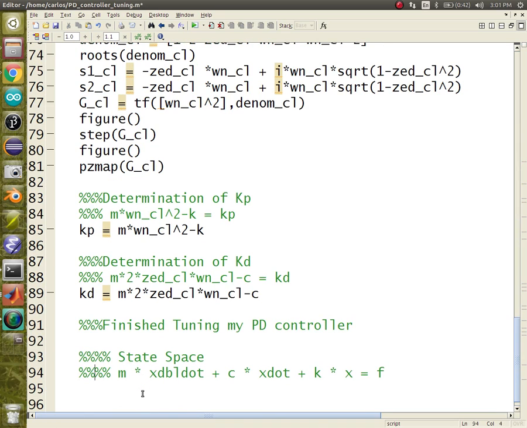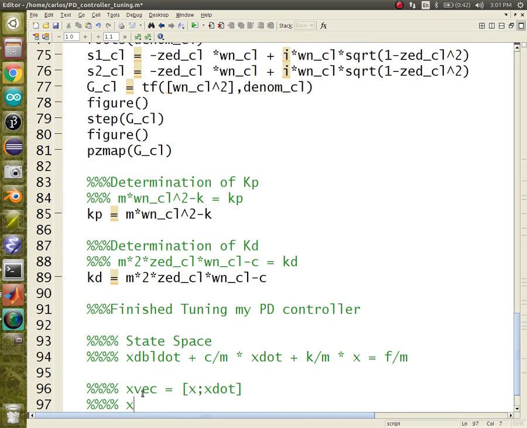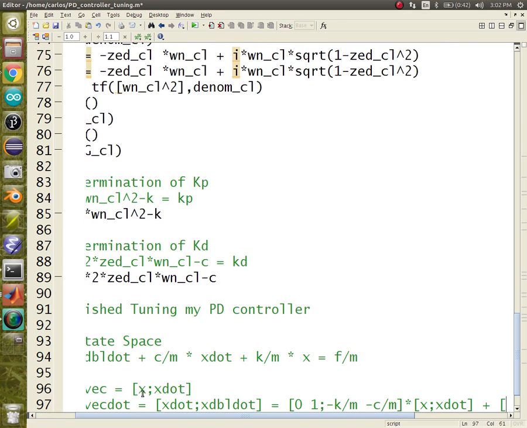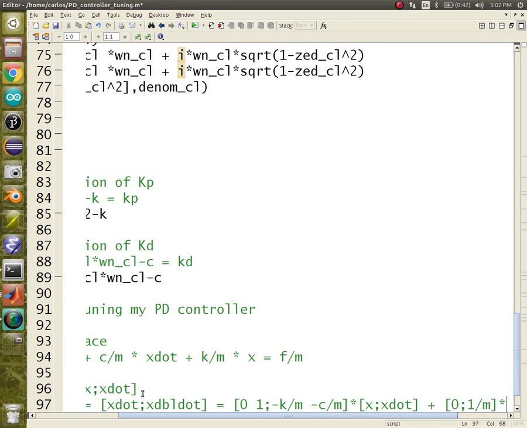The first thing we have to do is divide everything by m. Then we say that x vec is x and x dot, which means x vec dot is x dot and x double dot. That's going to be an A matrix, which is 0, 1, negative k over m, negative c over m, times x and x dot, plus 0 and 1 over m times f.